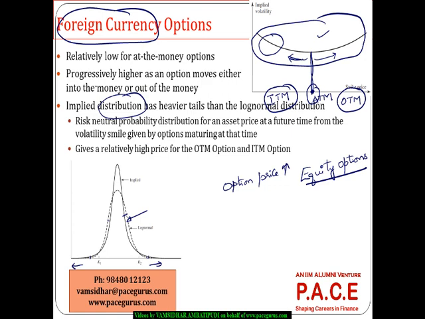If you try to understand the risk-neutral probability distribution for an asset at a future time compared to the volatility smile maturing at that particular time, you are getting a relatively higher price for both the OTM as well as the ITM options. So you could very much link these two diagrams.